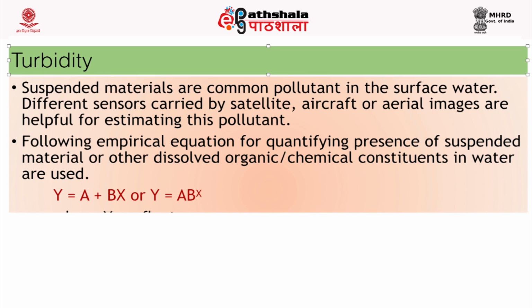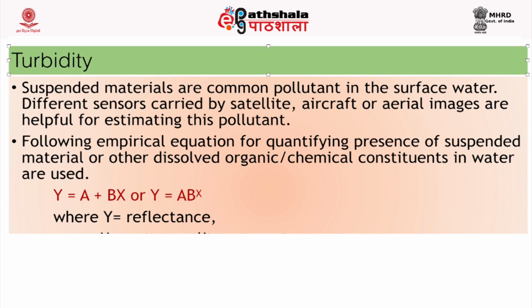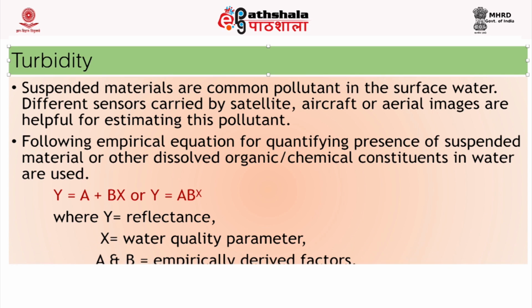So, we can take y equal to a plus bx, or we can also consider y equal to a into b to the power x. Here y is reflectance that we can estimate from a, b and x. Here x is water quality parameter and a and b are empirically derived factors.